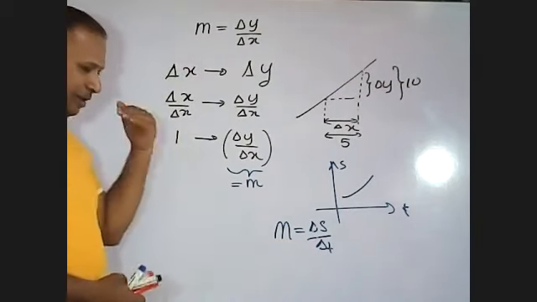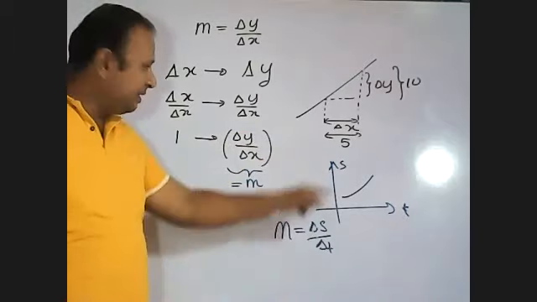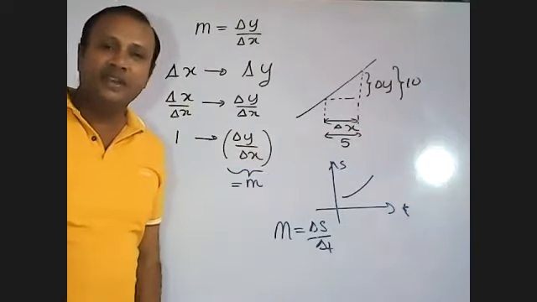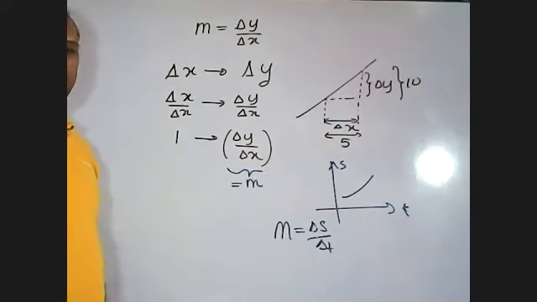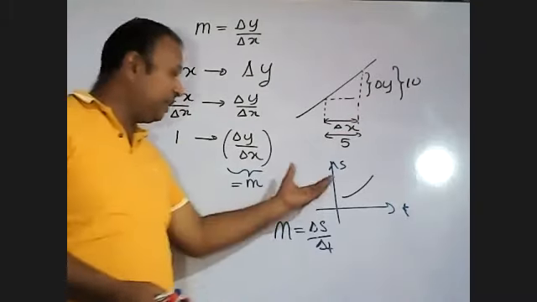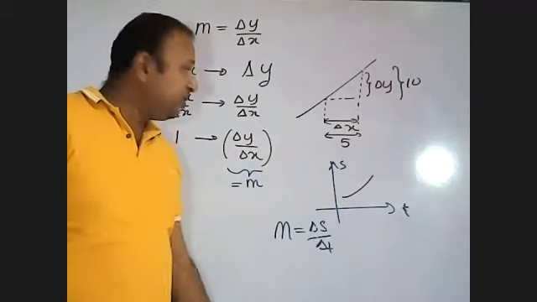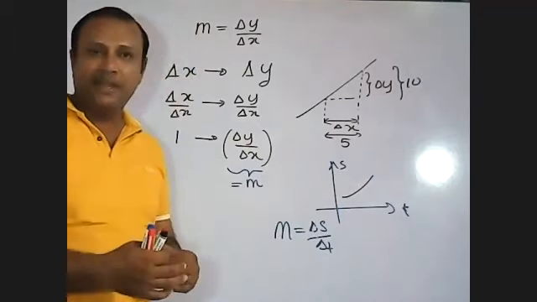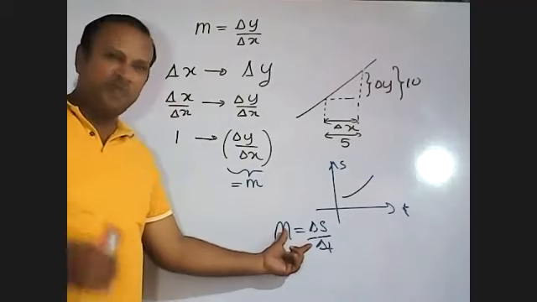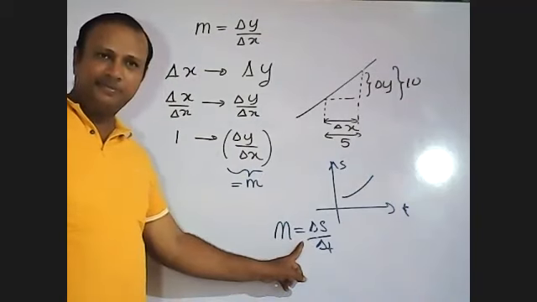That is a way of defining the physical quantity which is represented by a gradient. Now you can determine the physical quantity represented by a gradient. How to do it? You have to mathematically describe the gradient.